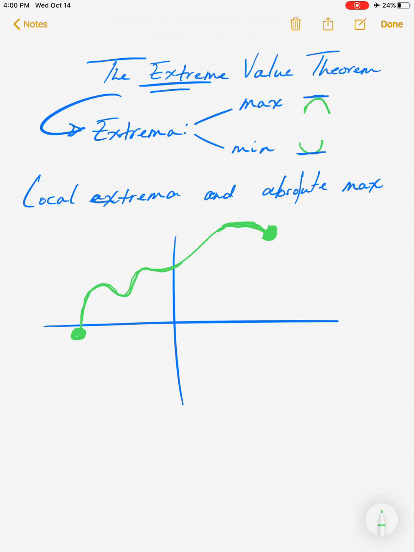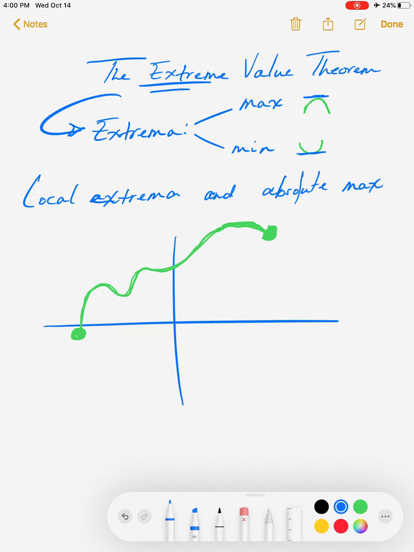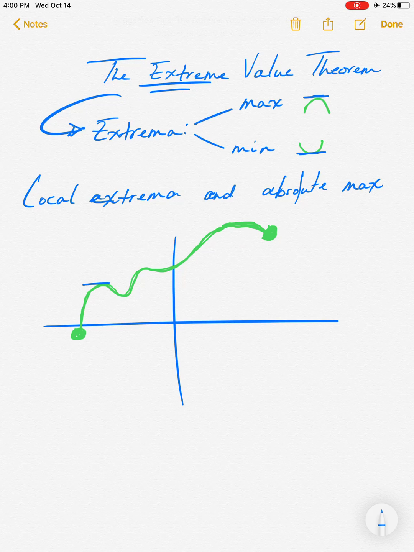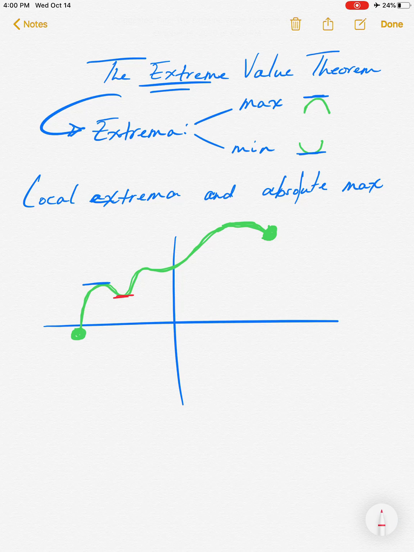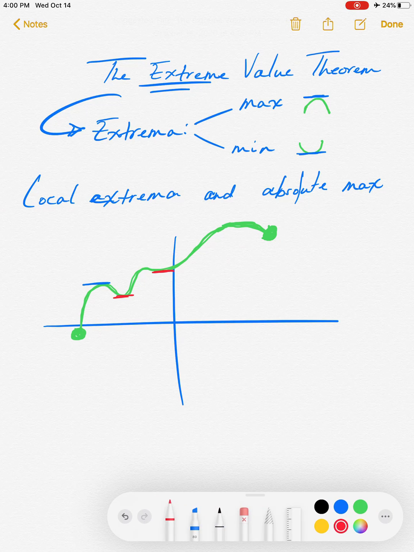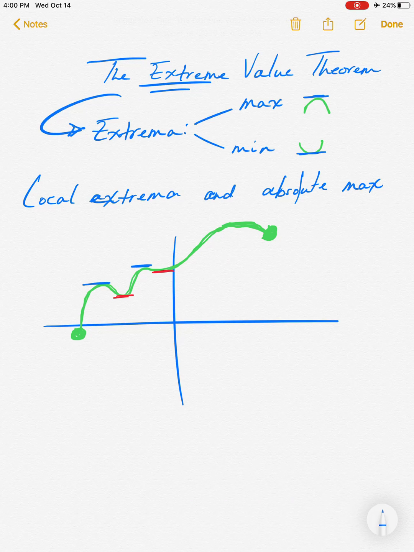So we got this crazy little action going on. If we go through this, on top of a hill right there, there's a max. Here's a minimum. Here's another minimum. Here's another max. And here's another max.